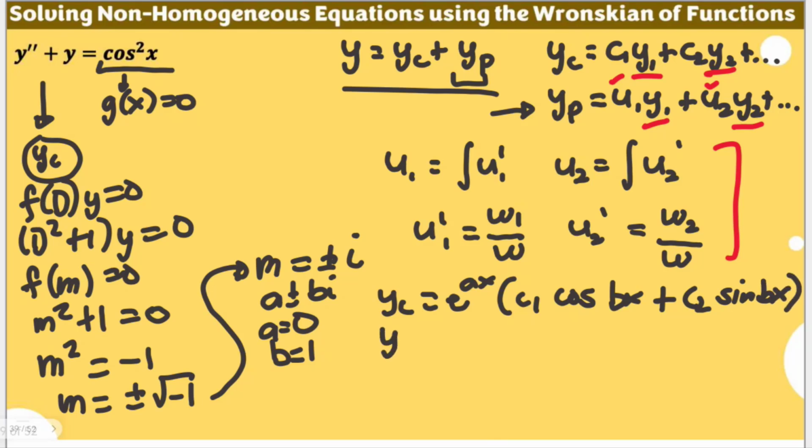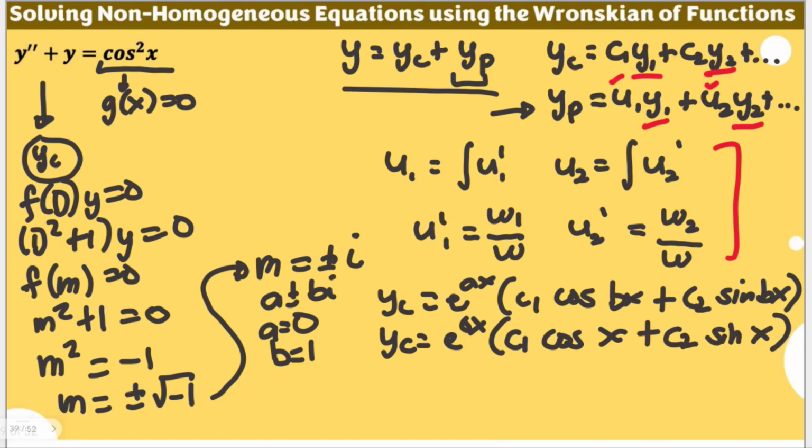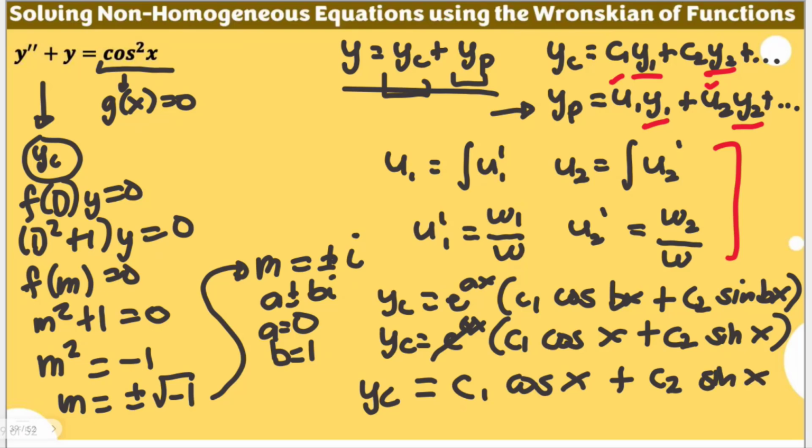Plugging in the values, you have e to the power of 0x times c sub 1 cosine of x, or 1x, plus c sub 2 sine of 1x, or simply x. This is just 1. So our y sub c, which is the first part of our general solution, is c sub 1 cosine of x plus c sub 2 sine of x.